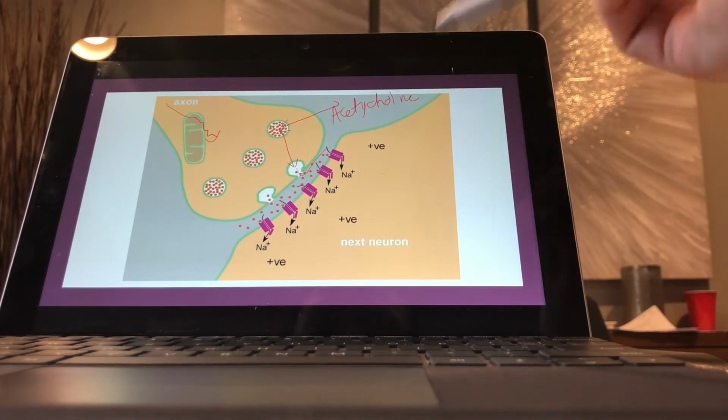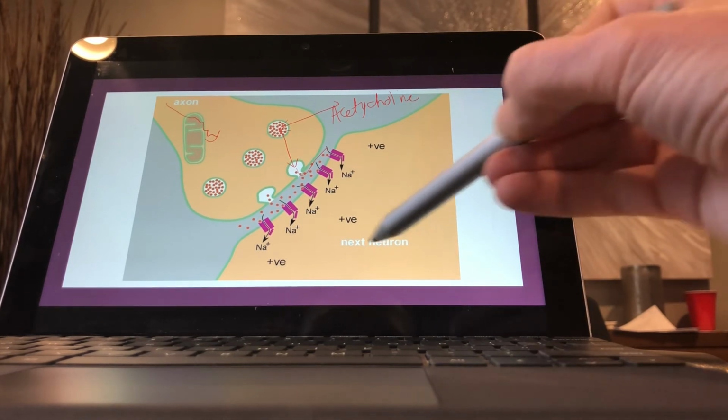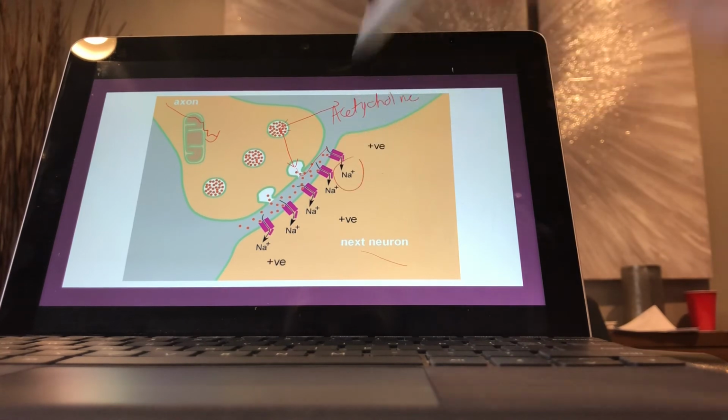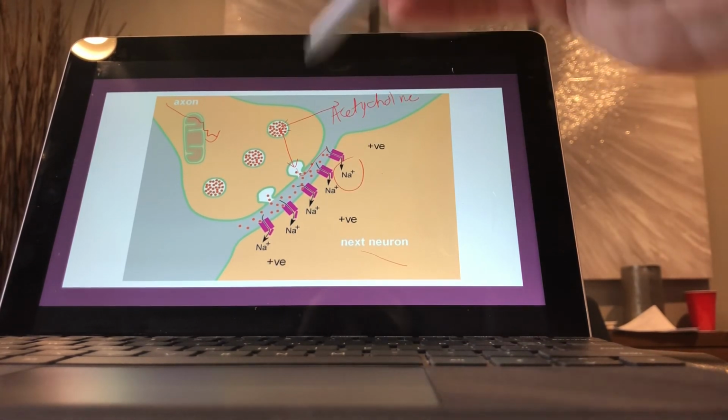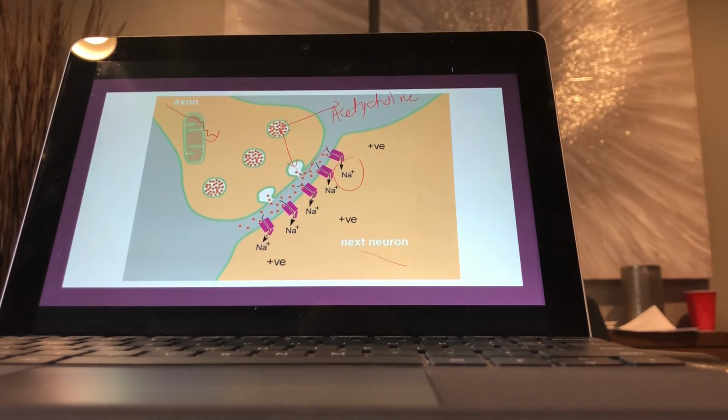Now, can you see what it's triggering here? What is it actually letting into the next neuron? It's the sodium. So sodium is out here, it can't get in unless the neurotransmitter allows these receptors to open. So this would be an example of paracrine because they're very close in distance from each other.